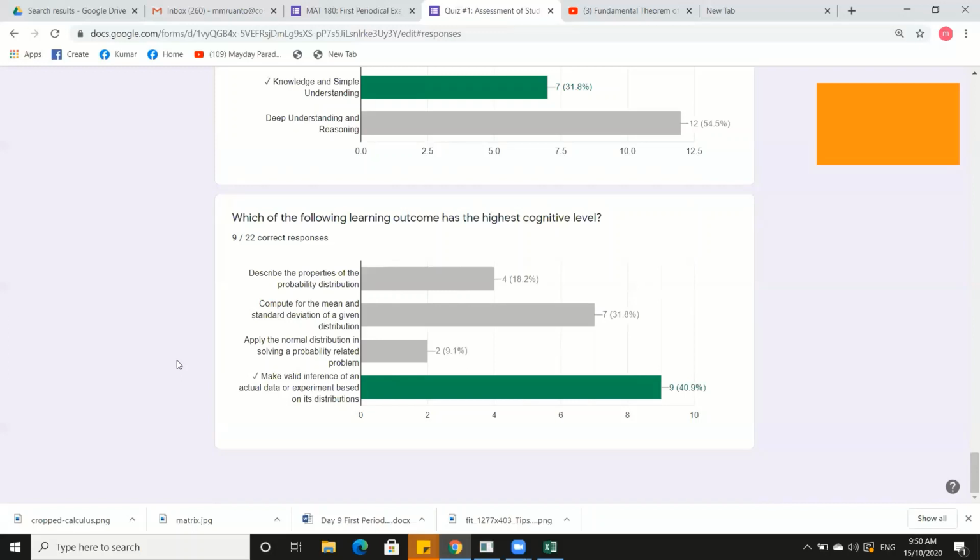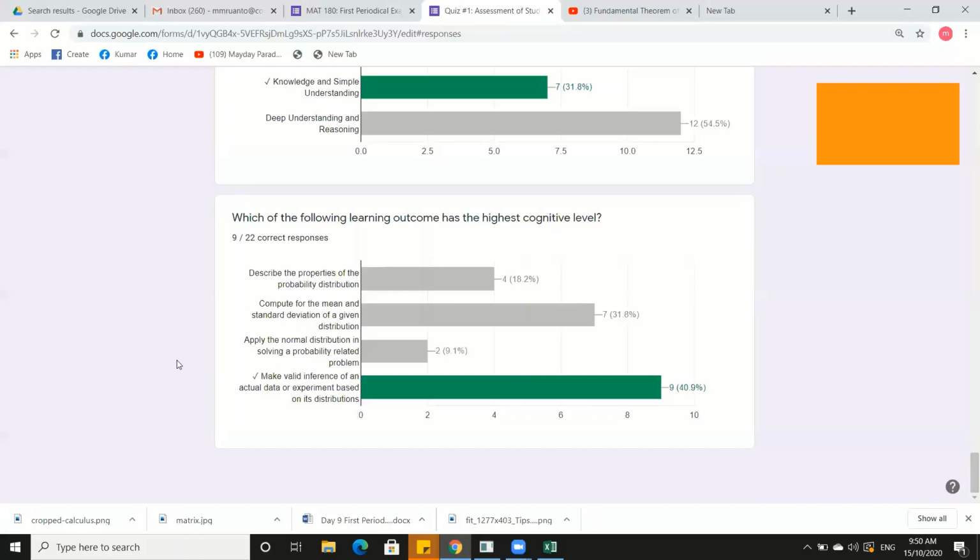Let's have letter D. Make valid inference of actual data or experiment based on its distribution. So the keyword here is make valid inference. When you make an inference, there is judgment on your part.